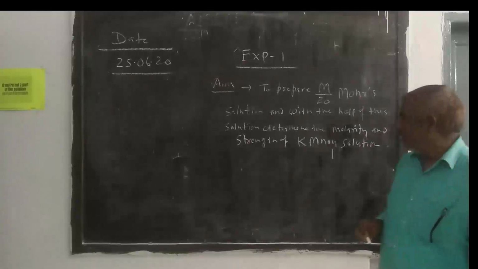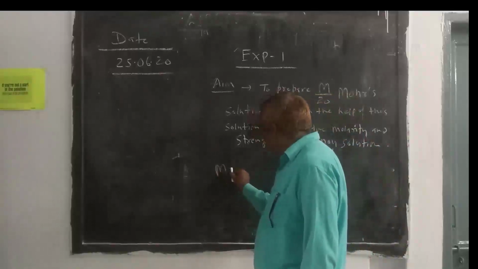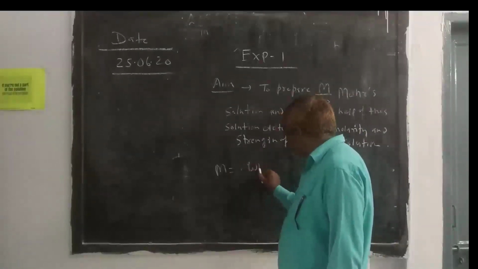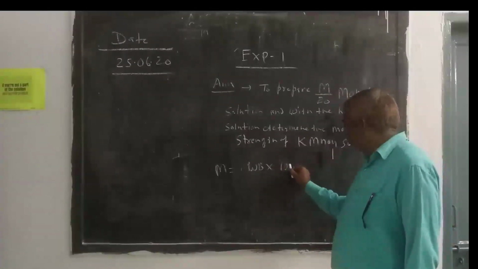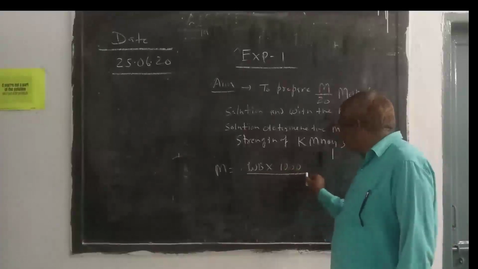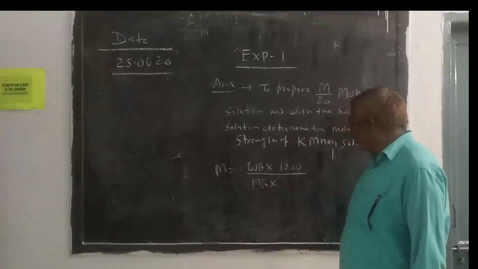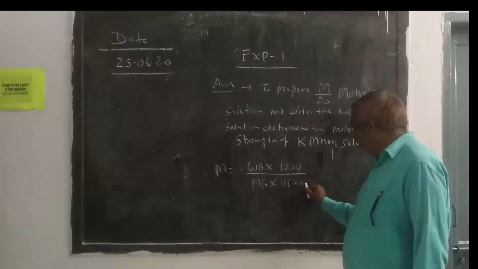One formula we have to study: molarity equals WB into 1000 divided by MB into volume in milliliter.